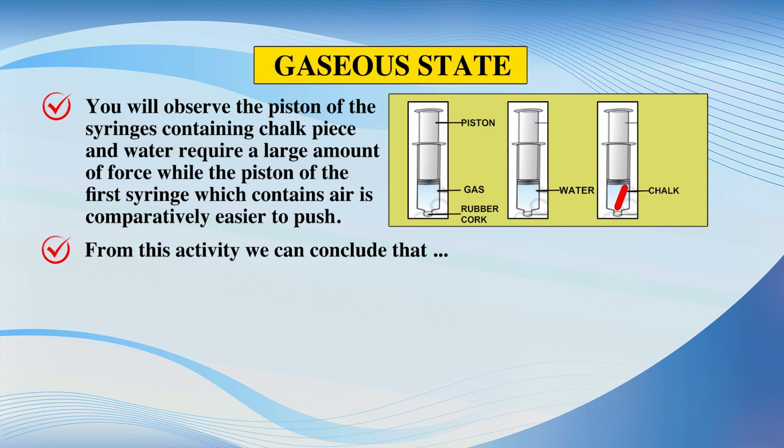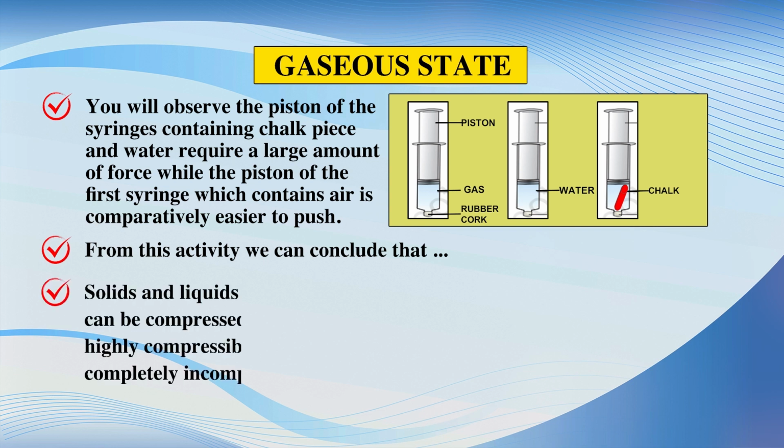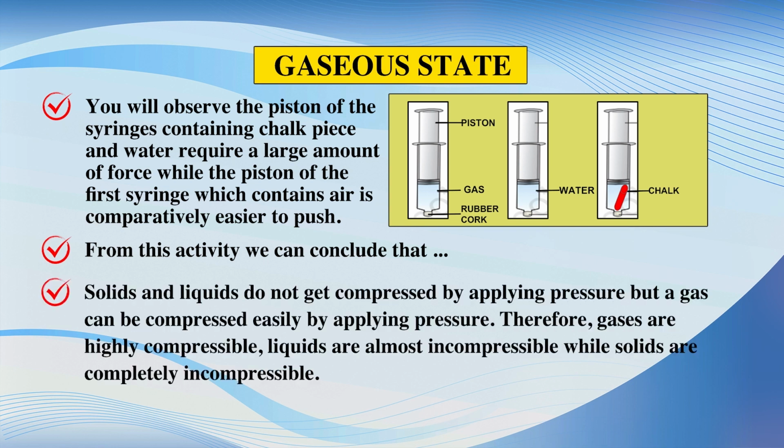From this activity, we can conclude that solids and liquids do not get compressed by applying pressure, but a gas can be compressed easily by applying pressure. Therefore, gases are highly compressible, liquids are almost incompressible, while solids are completely incompressible.